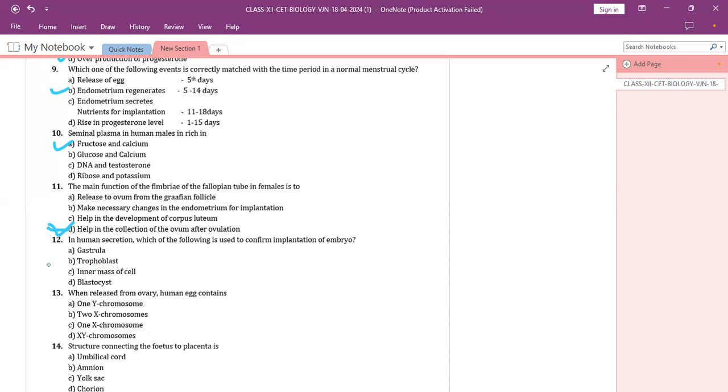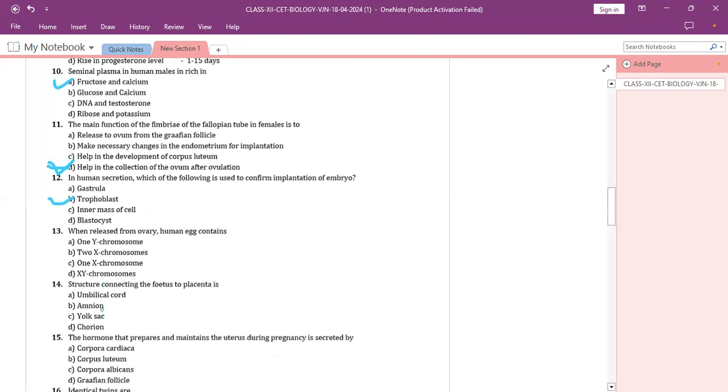So the right option is trophoblast, which is the sign that implantation of the embryo has taken place in the endometrium wall of the uterus. The inner mass of cells are the ones which develop further into the embryo. So for the 12th one, B is the right option.